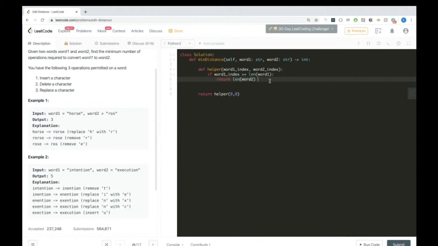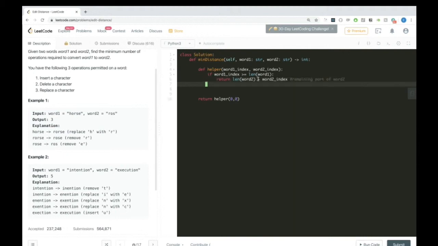and we should subtract the word2 index, because if we've moved the pointer of word2 further to the right, then we should just take the difference between the length of word2 and the word2 index, and that will give us the remaining part of word2.